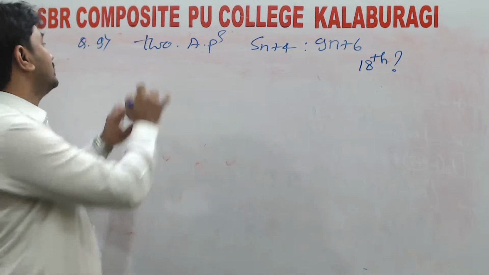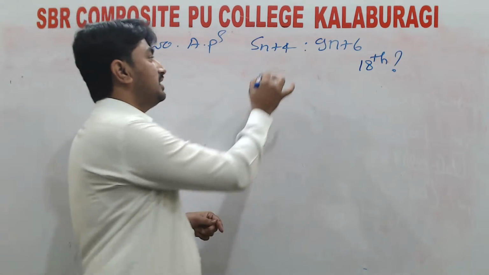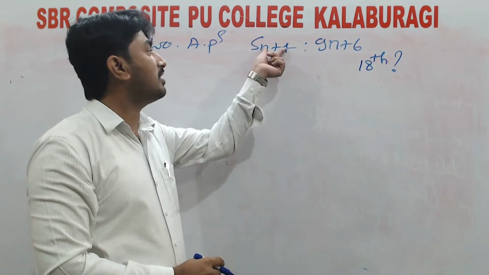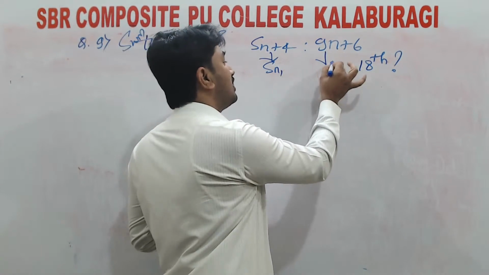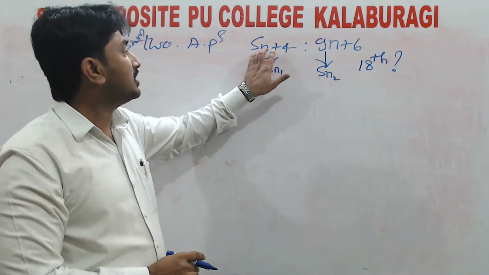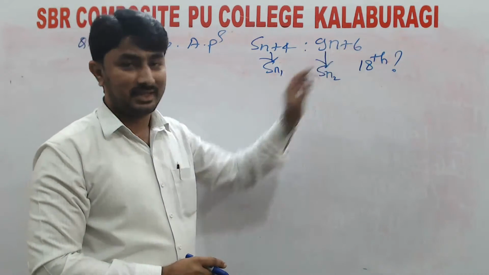Here, the sum of two arithmetic progressions is given, meaning Sn1 is for the first AP and Sn2 is for the second AP, in the ratio Sn of 5n plus 4 is to 9n plus 6.